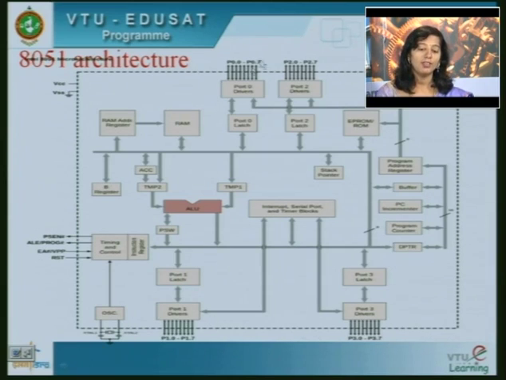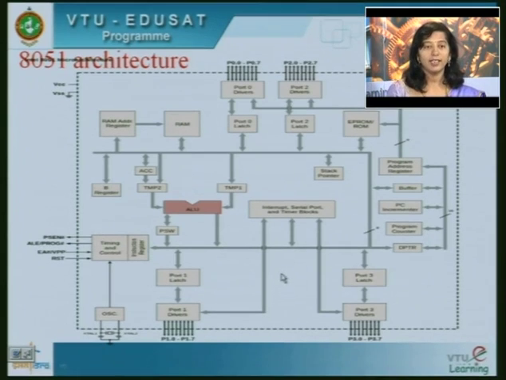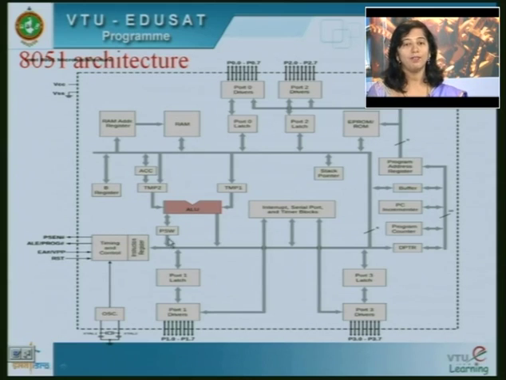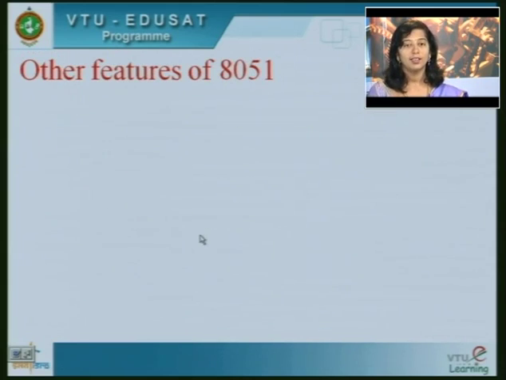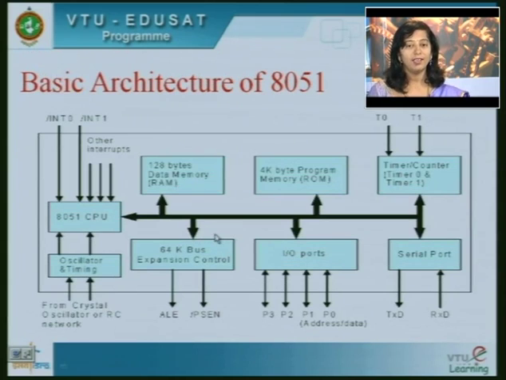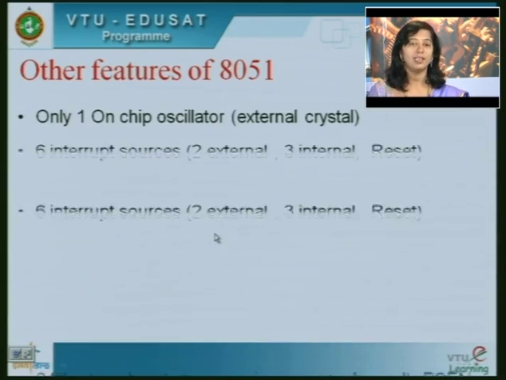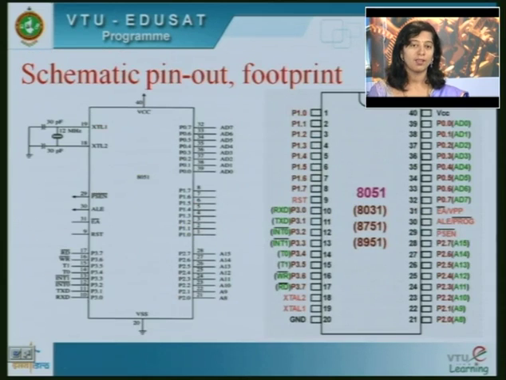So these are the 4 IO ports. So this is the detailed architecture of 8051. It's just an extension of what we did in the previous blocks, but with more additional details given to this.